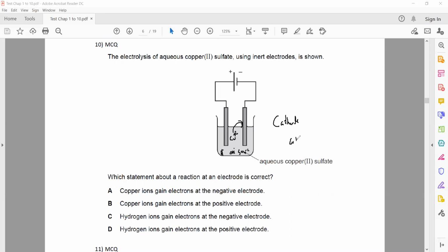copper ions will gain 2 electrons and change into copper atoms. And hydroxide ions will move to the anode. When four OH ions move there, they will lose 4 electrons. This results in oxygen and water molecules.